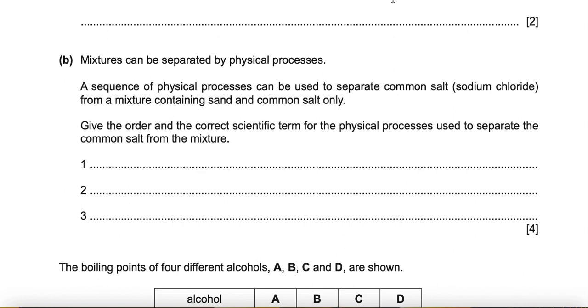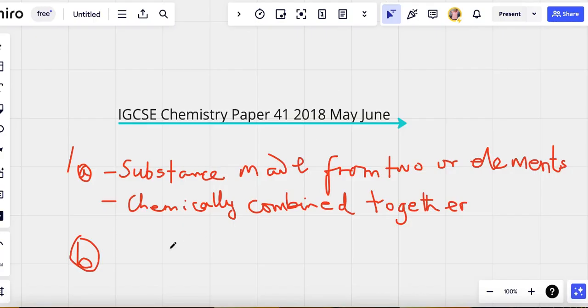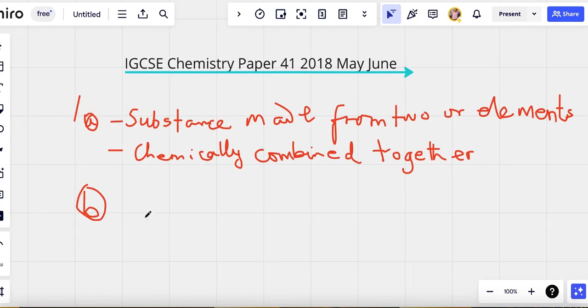The first thing we do with salt mixed with sand is to dissolve it in water. So the first scientific process is dissolving the mixture.